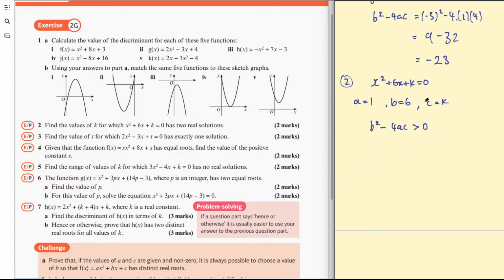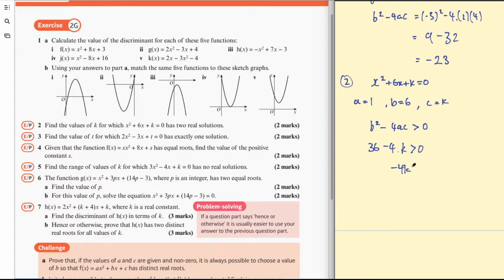So now substituting these values into this expression, b squared is 6 squared, so that would be 36 take 4 times 1 times k greater than 0. So negative 4k. By the way, when we get to this step, you can kind of treat it like an equation, and you want the k by itself on the left hand side. So we want to get rid of that 36.